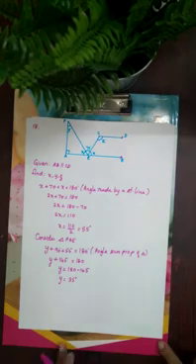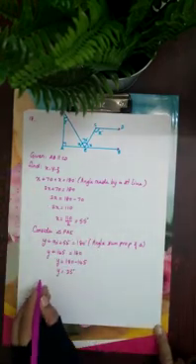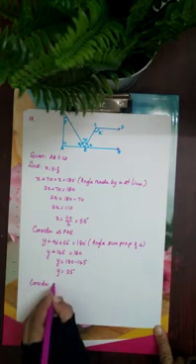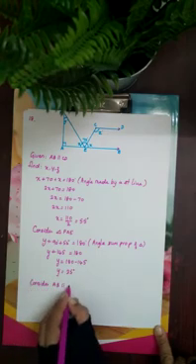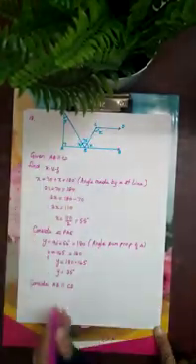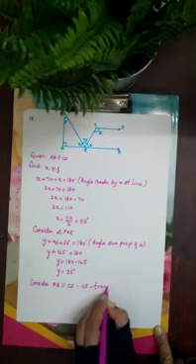Okay, children? Yes. We still have to find z. So to find z, we will consider AB is parallel to CD. Yes, AB is parallel to CD, and we are considering CE as the transversal.